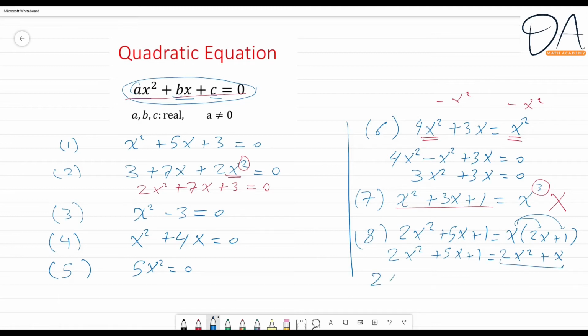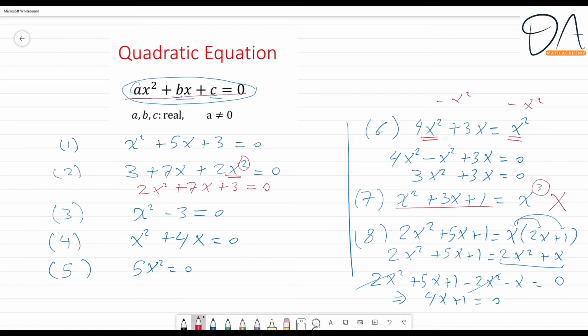And then what you will get is 2x squared plus 5x plus 1 minus 2x squared minus x. And when you subtract this, you will get 0. So this will cancel out. And then 5x minus x, so this gives you 4x plus 1.